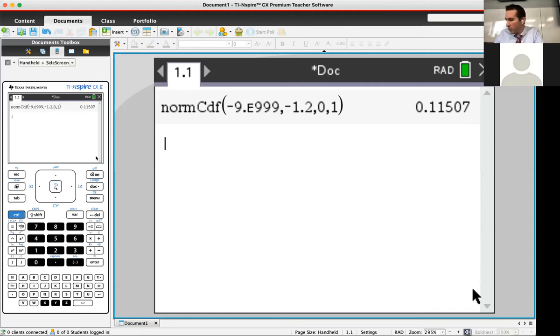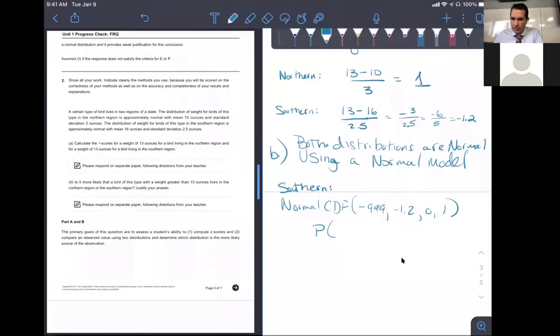Cool. So the probability that we have a bird that is 13, what is it asking for actually? I should read this question. Greater than 13 ounces. Oh, fascinating. So I should have done negative 1.2 as the lower bound. So I'll do that really quickly.